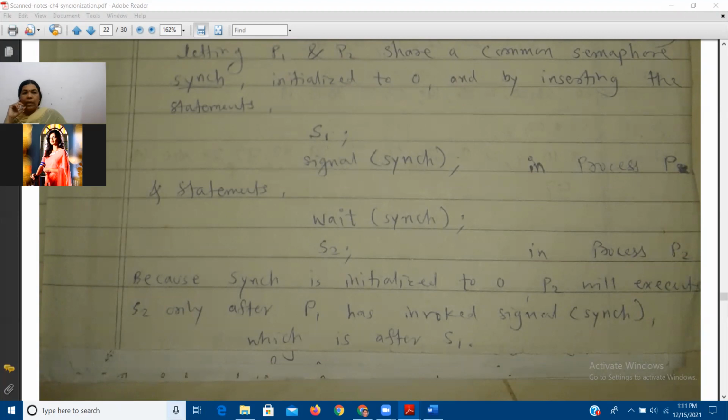So process P2 will execute S2 only after P1 has executed S1. P1 is required to be executed first, then P2.